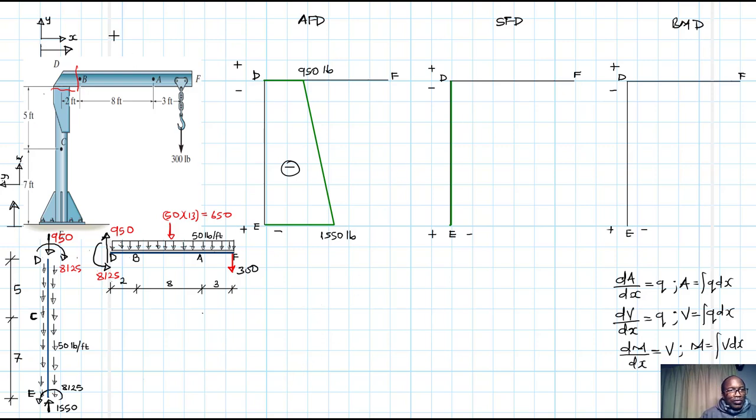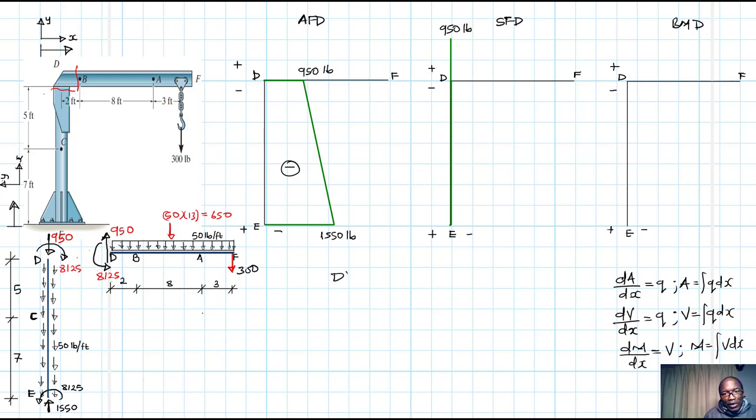Let's look at the initial values. The initial value at D is 950, going up, so we have a positive value like so. Let's say 950 is somewhere up to there. Let's say this is our 950 pounds.